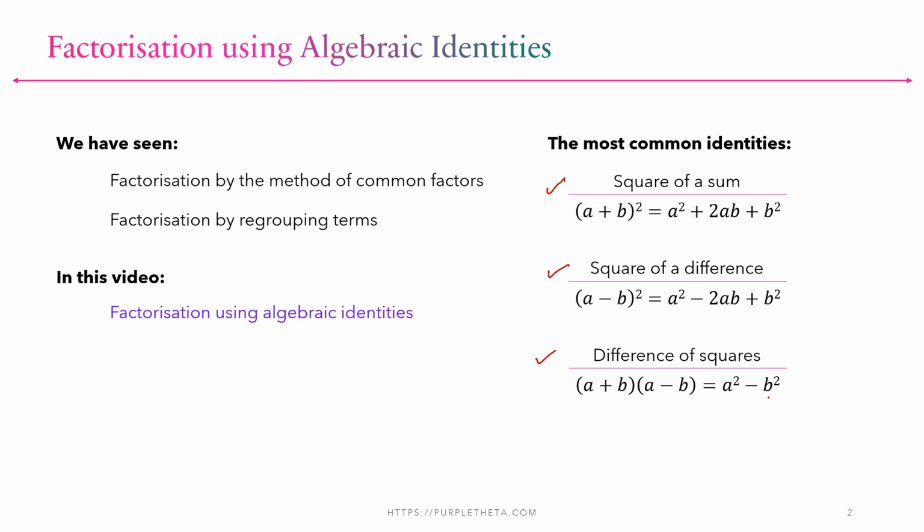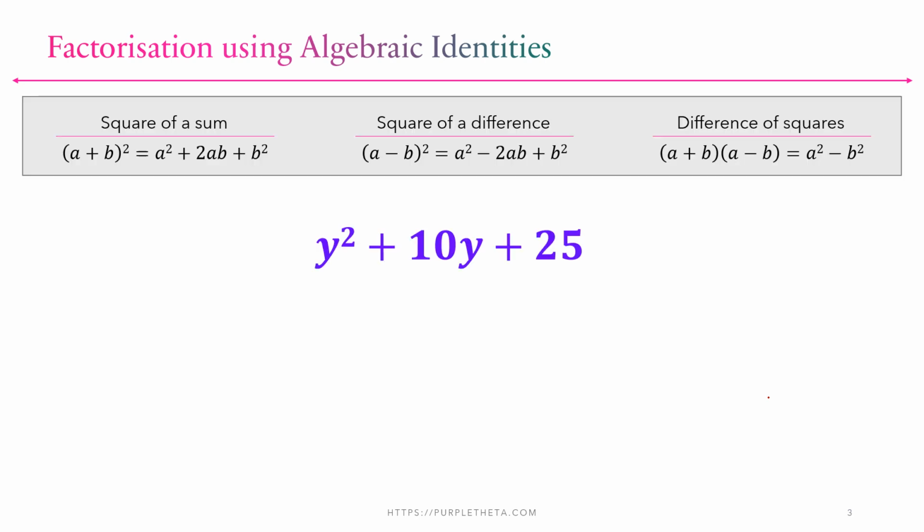Let us understand this by an example. We will follow these steps. Step number 1 is observe the expression. Then we will identify the identity, to see if the expression has a form that fits the right hand side of the identities, right? So we need to see which of these identities the expression y square plus 10y plus 25 fits.